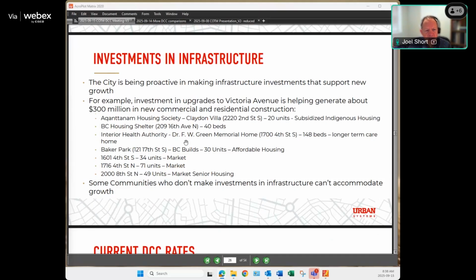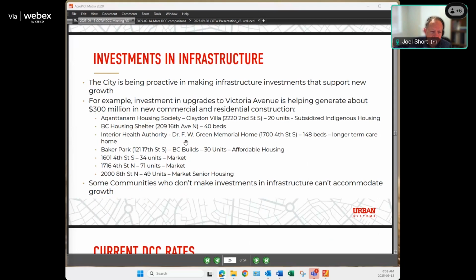You might have to say, let's get the entire community to pay for this. We'll go to a loan authorization bylaw, borrow the money, and have the entire community pay to help allow development to proceed, which some communities do as well. Or you can look at starting to implement development cost charges. And Golden does have DCCs. It's just that they're very old and very low.